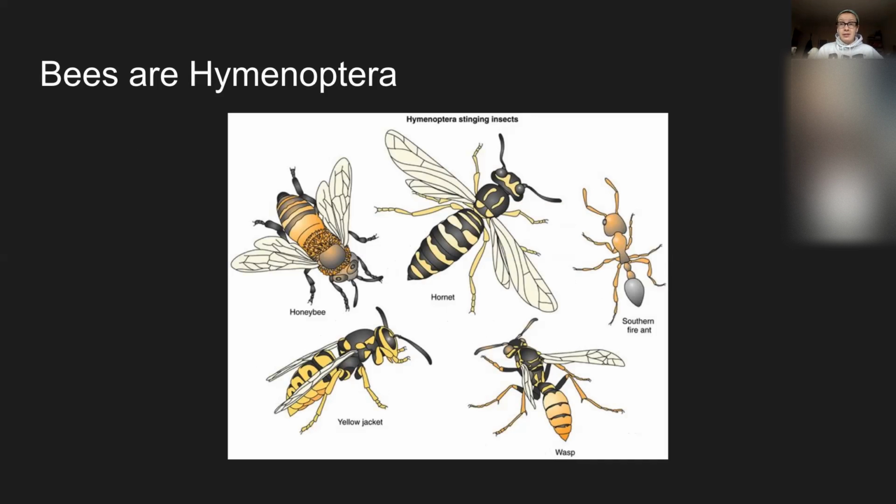So we're going to talk about that a little bit, and we'll show you some of the differences between bees and wasps. So bees and wasps are in the order Hymenoptera, and it's a very large order of insects. And when I say order, it means it's kind of like a grouping.